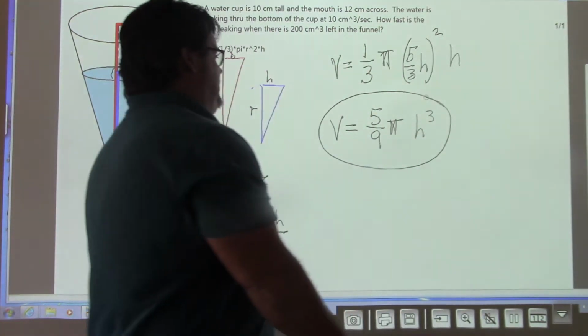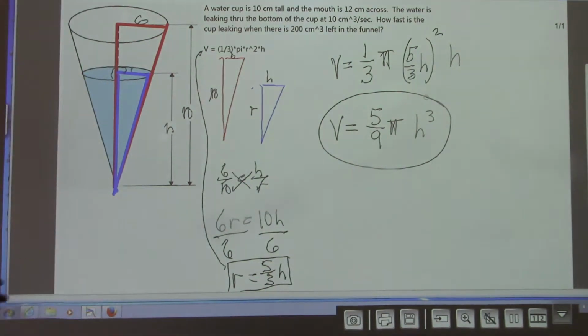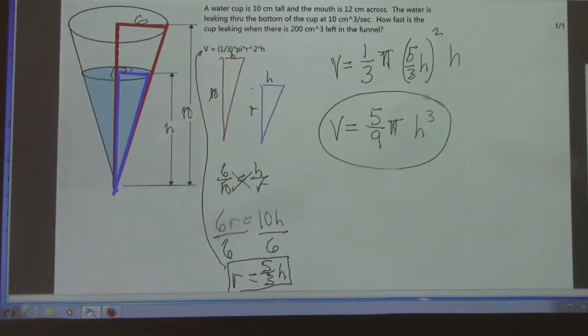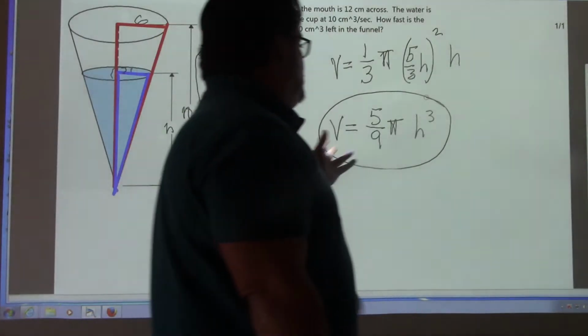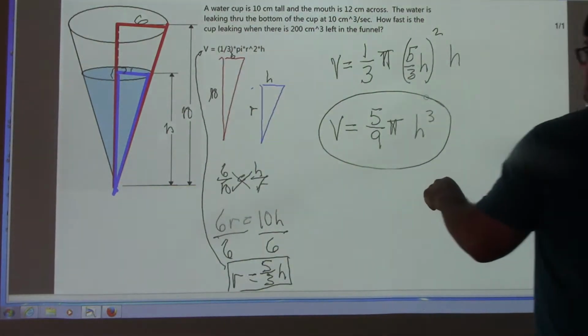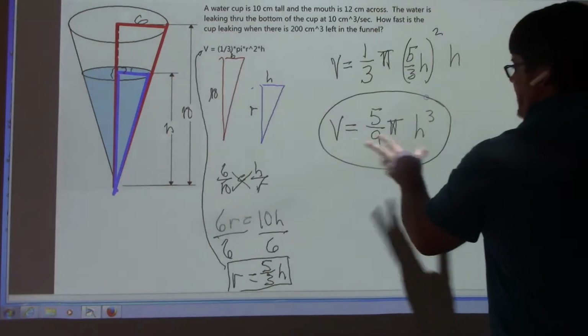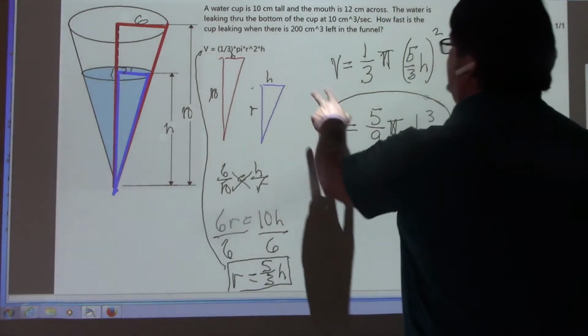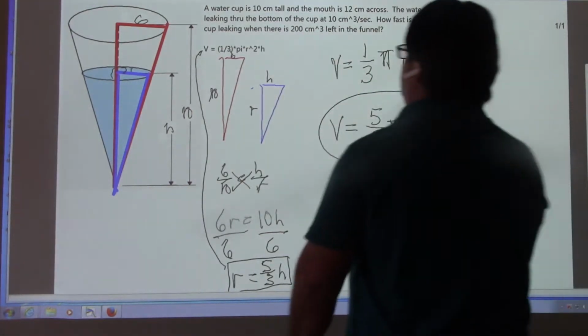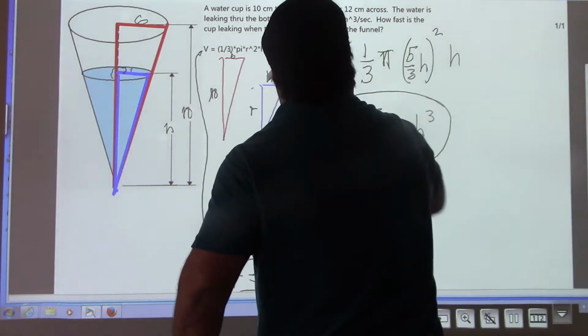Now, there's 2 or 3 things we can do here. One, we can go ahead and find H. Or two, we can find the derivative, and then find H. Go ahead and find H if you want to. We'll say at 200 centimeters cubed, that's our volume.